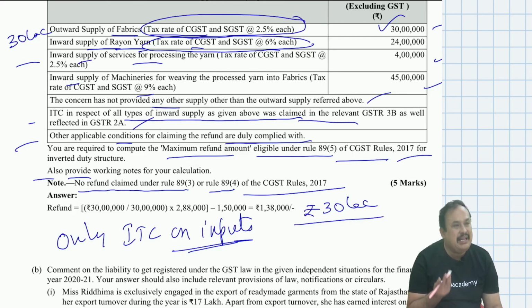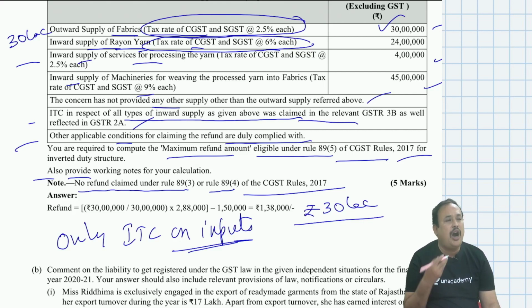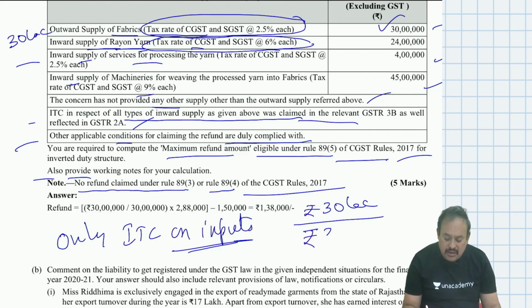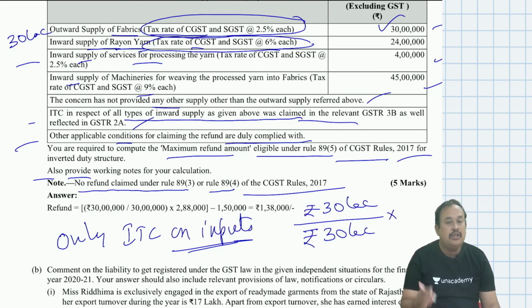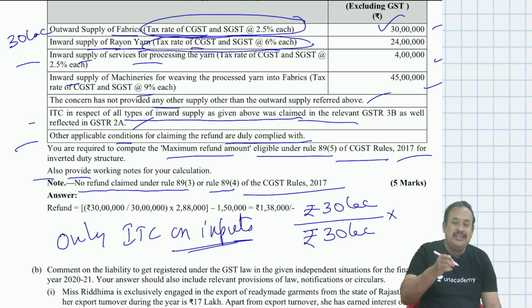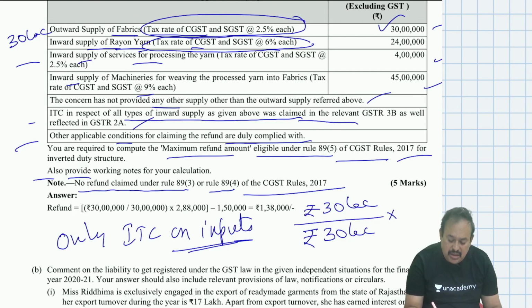Here 30 lakhs only, the outward supply, divided by total turnover 30 lakh, multiplied by total credit on inward supply of inverted tax, which is 6% each on 24 lakh.